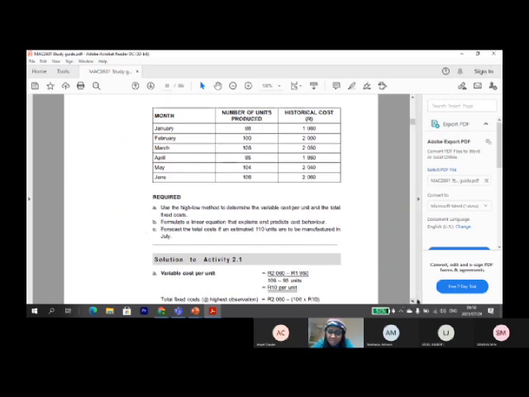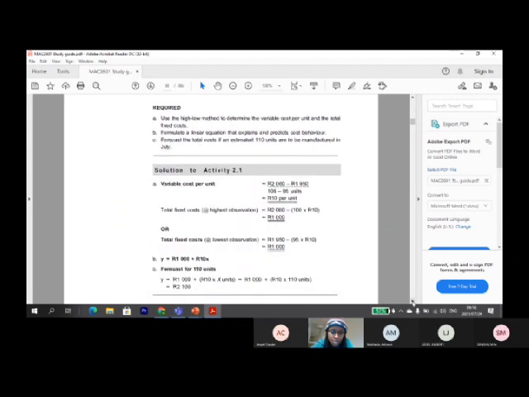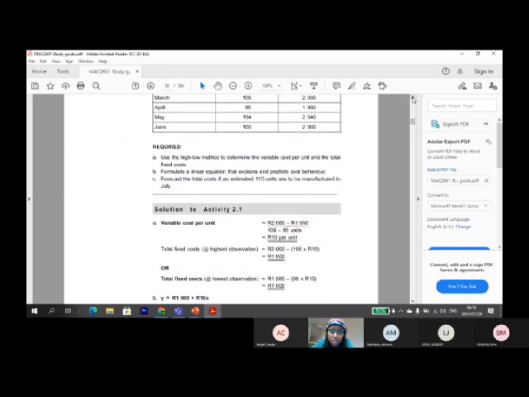So let's go here. I'm going to focus on A only. If you look at the solution, you use high-low, right? You take the highest level of cost, which is 2060, and also their units, so it's 2060 over 108. Then I have to take my lowest.